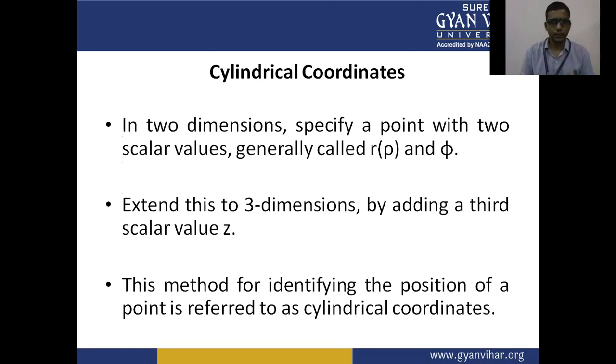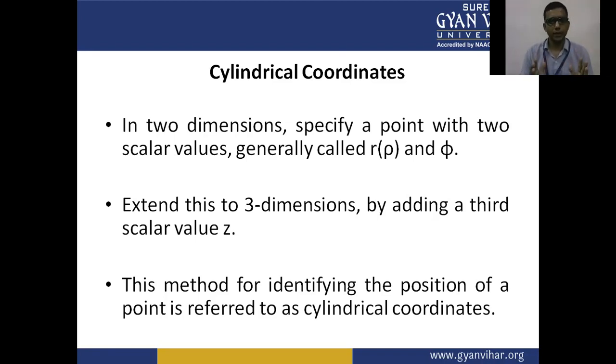We recall the cylindrical coordinate system again because the spherical coordinate system is a continuation of it. So before going to understand the spherical coordinate system, we just recall within five minutes the cylindrical coordinate system.